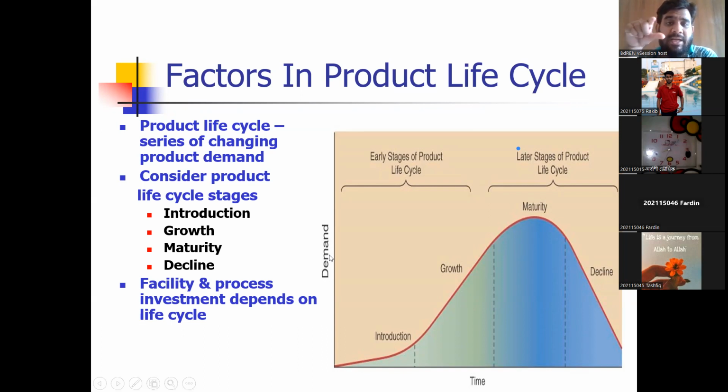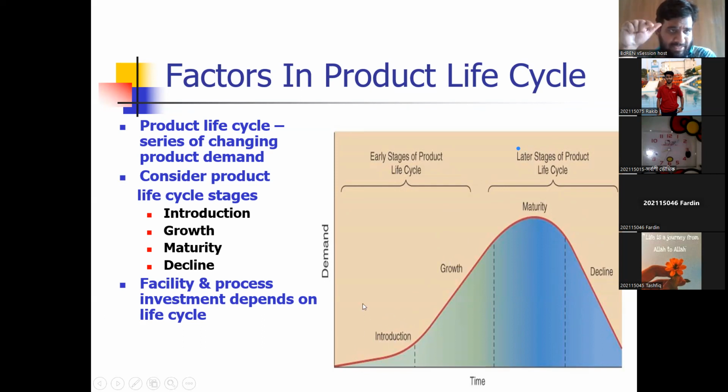So life cycle analysis is also very important for designing the product. Which product are you going to design? Is the product at its mature level or declining stage? If you choose a growth product, then you have to use market penetration pricing. And for your new product, you can choose market skimming pricing.